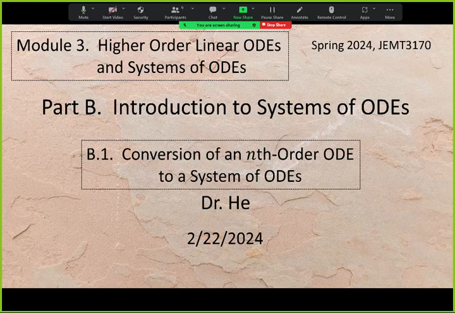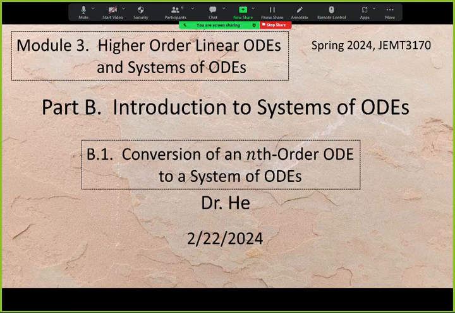All right, let's start with B.1, the first topic: conversion from an nth order ODE to a system of ODEs. From chapter 3, we just learned part A, the nth order ODE.